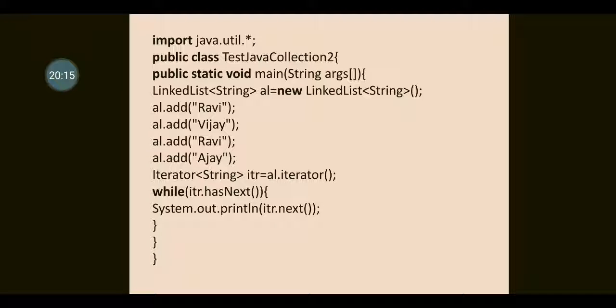So as an example, import java.util.*, public class, name, and then the main method. Rather than ArrayList, we are going to give LinkedList, and then it is an object, a new LinkedList<String>, it is a data type. And then with the help of the add method, we are going to add the same values.